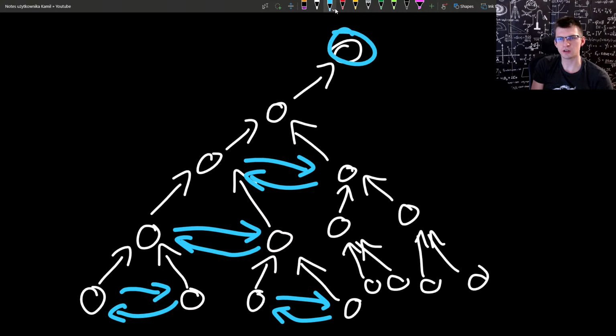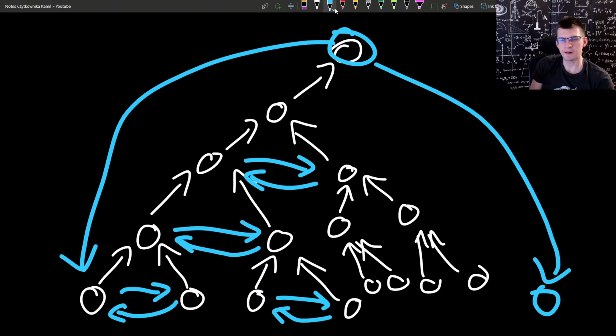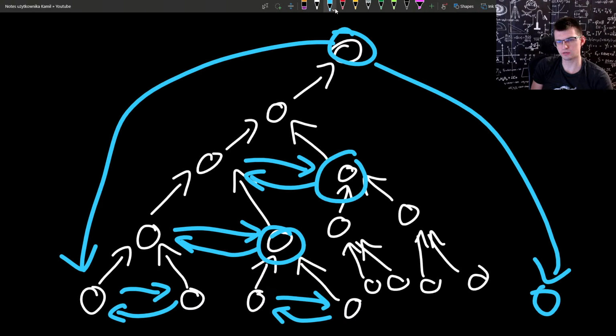From the root, I would just put edges to 2 leaves, like the leftmost and rightmost leaf. And then going down is very easy, and from there to get here you would need to travel like that and like this. From here to travel there.